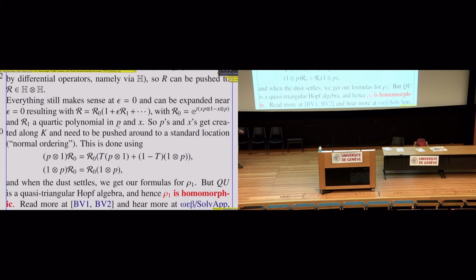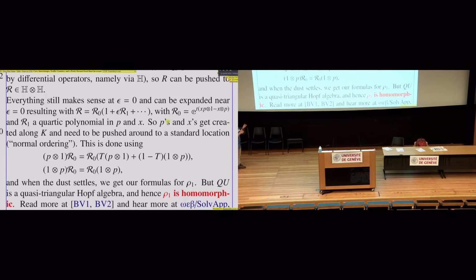And then when you expand the invariant in powers of epsilon, basically this contribution, epsilon times R1, oh, I forgot to say that R1 is a quartic polynomial in P and X. So this contribution will toss in X's and P's on the knot in various places, and you'll have to commute them across R0 to some garbage bin at the top where you'll count everything. At the end, at the top, right, because the knot is vertical. So you'll have to commute everything across R0 to count it.